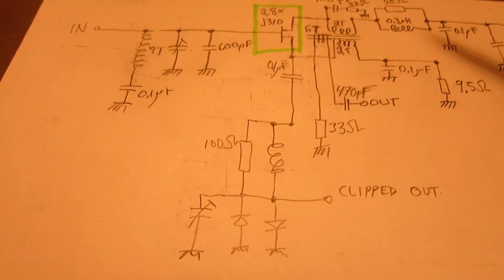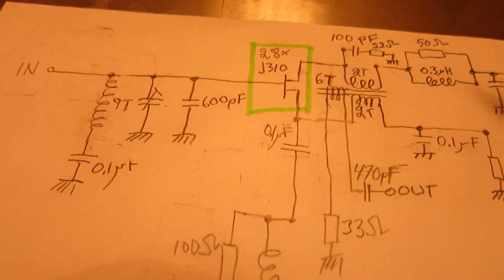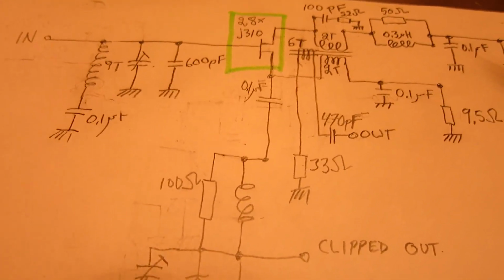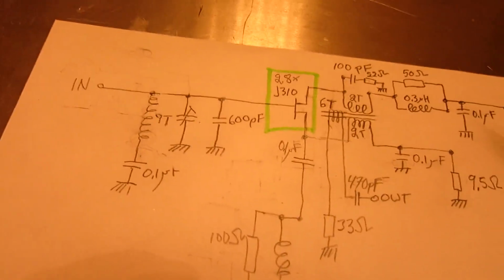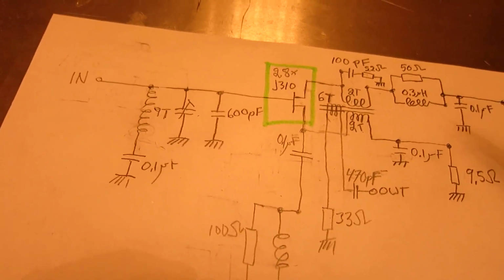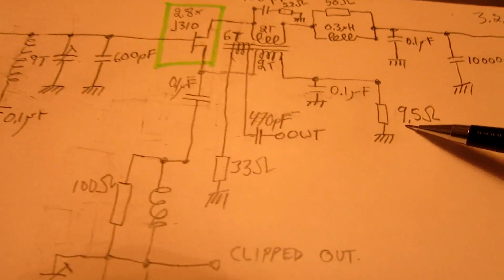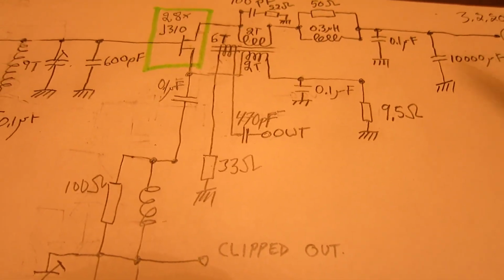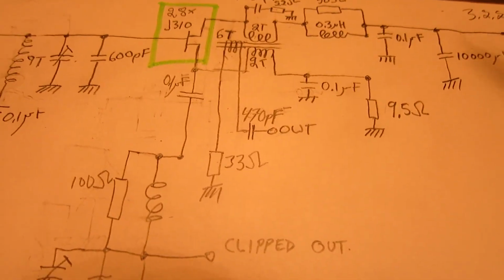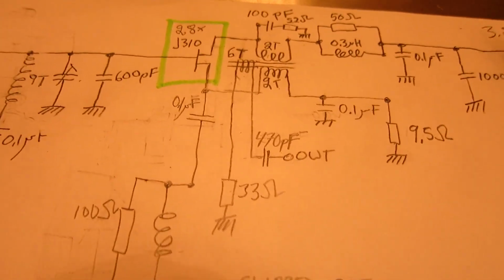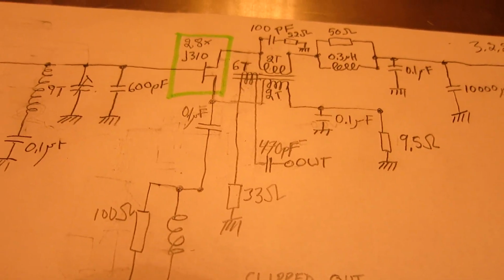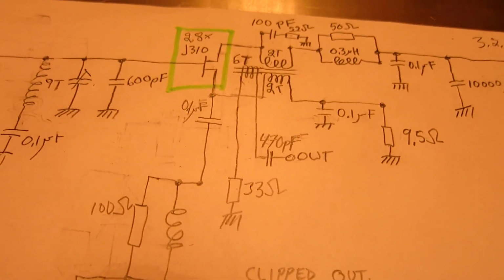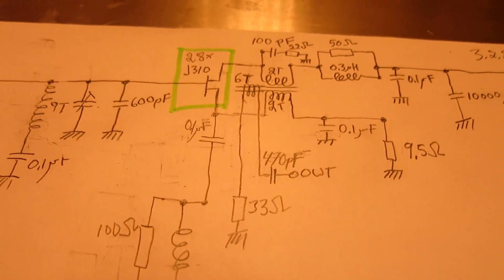So I had to replace all the J310 and also the source resistor, which you have here. And I increased the current a little bit to get a better margin to running into saturation, and that was the cause of this noise.